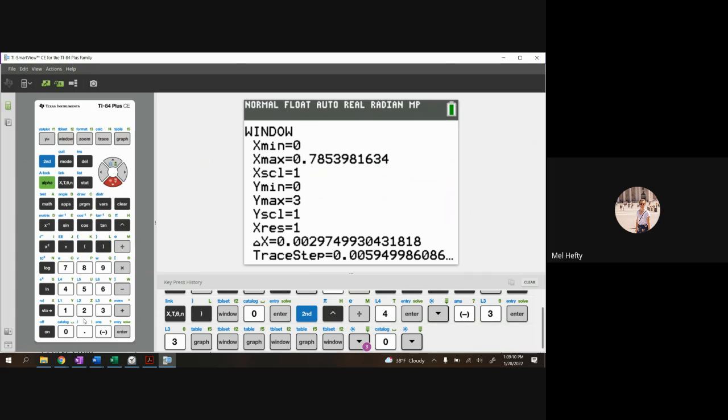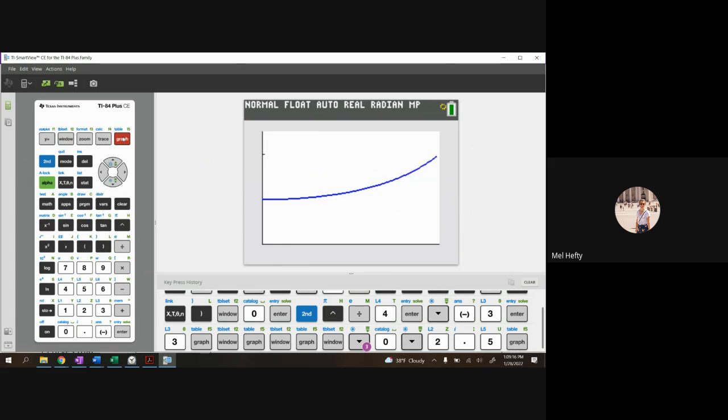I'm just trying to make a prettier picture right now. It doesn't really matter. Yeah, mine weren't curved at all. All right, so they're a little more curvy, and I can see that better when I zoom in. So this window is from 0 to pi over 4 in the X direction, and I went from 0 to 2.5 in the Y direction. Those 0 to 2 looks like it will work pretty well as well.